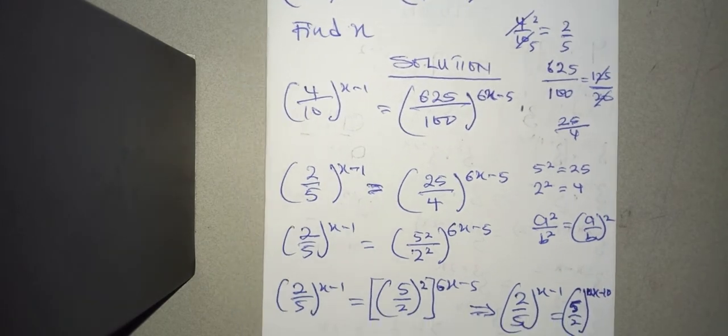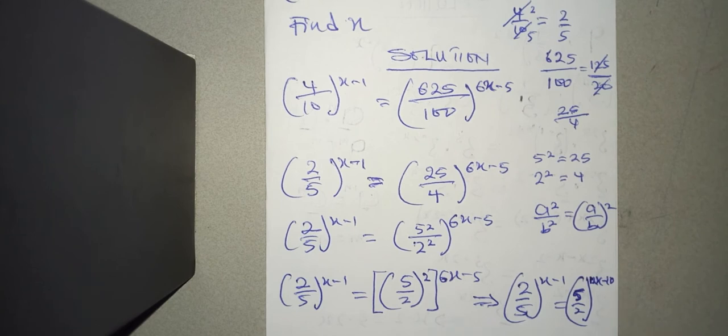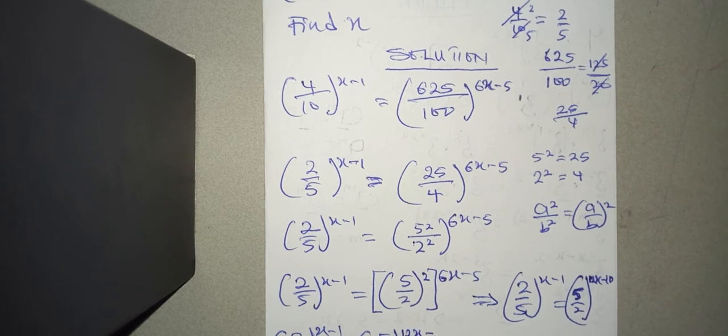Now I will repeat the same thing here so that it is legible enough. So I have (2/5)^(s-1) = (5/2)^(12s-10).